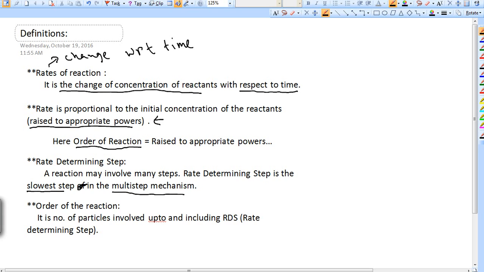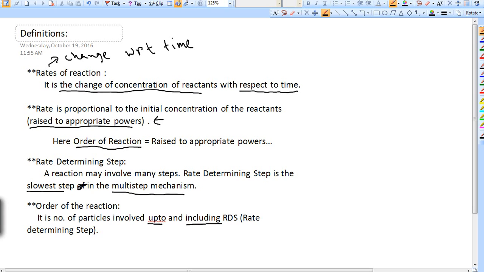So the number of any particles involved should be up to and including the RDS step.